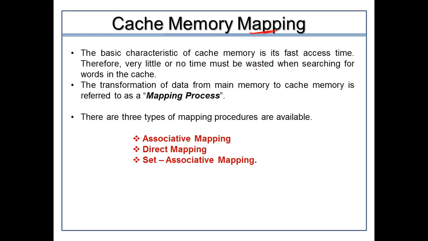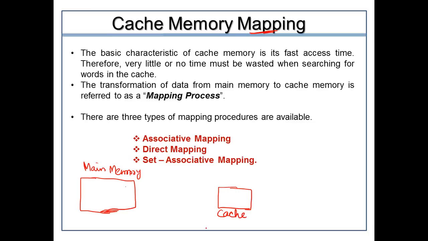Okay. So the first thing is let's build the background information. We know that there is a main memory which consists of some data, and there is a cache memory which consists of the same data as that of the main memory.